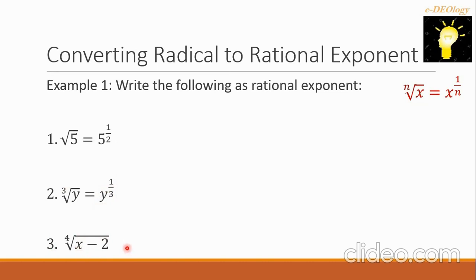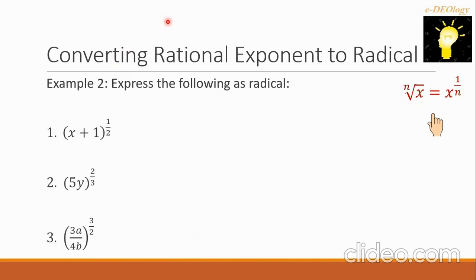First, we will copy the x minus 2, and then we will write the fractional exponent. So we write the 1 as the numerator over the index here, the 4, we copy that as the denominator here. So 1 over 4. Our final answer, x minus 2, all raised to the exponent 1 over 4.